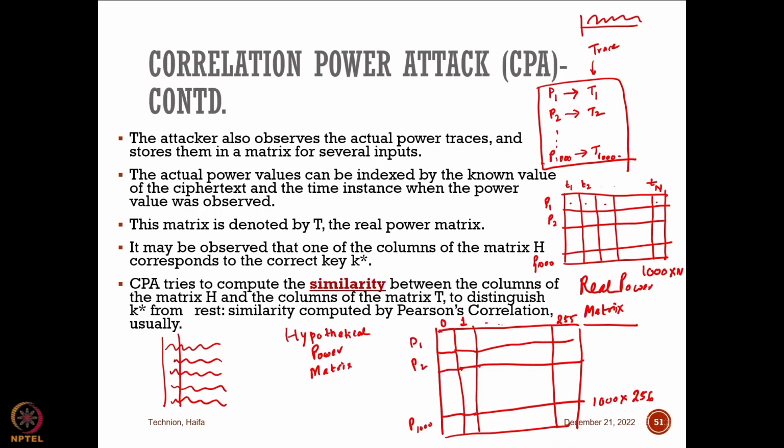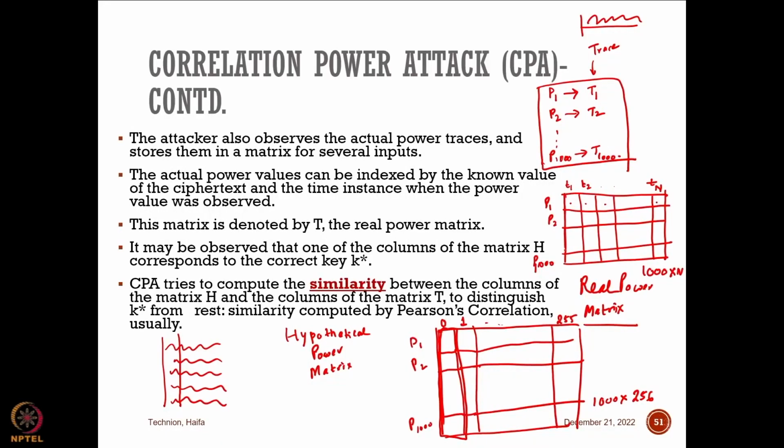So assuming that you have that information in your n time samples, then if I want to verify whether this hypothesis was correct, I will take this column and try to define a similarity metric. It could be a simple correlation evaluation, and I correlate it with all the columns here.